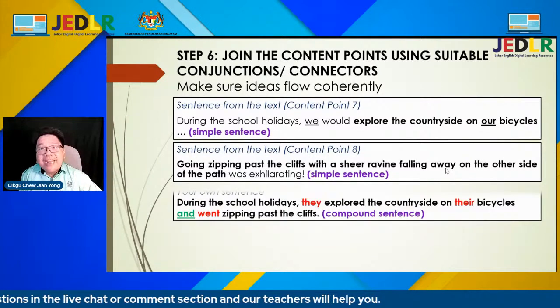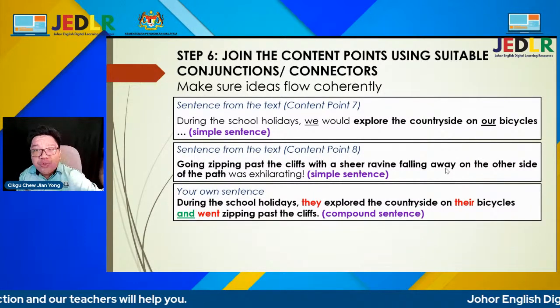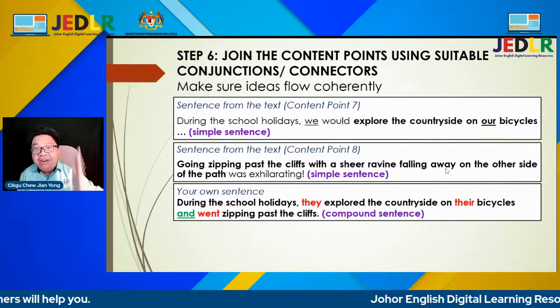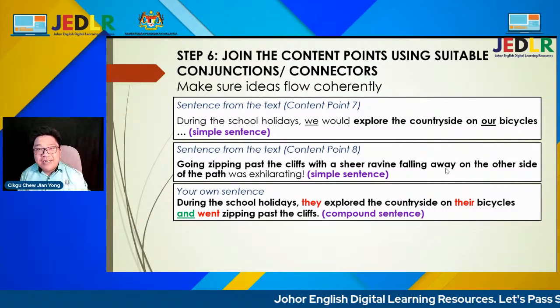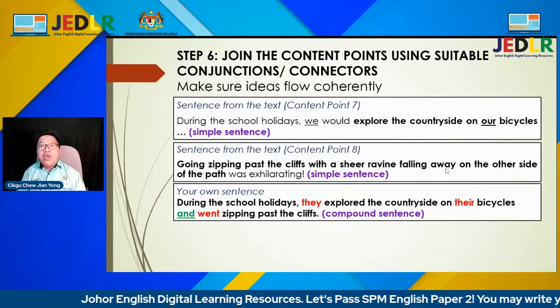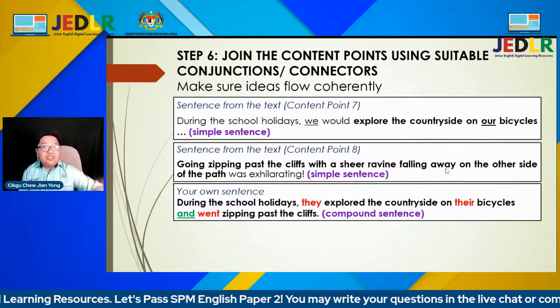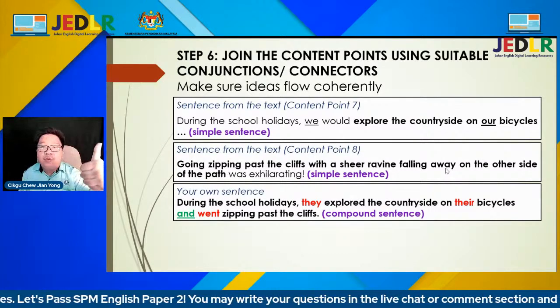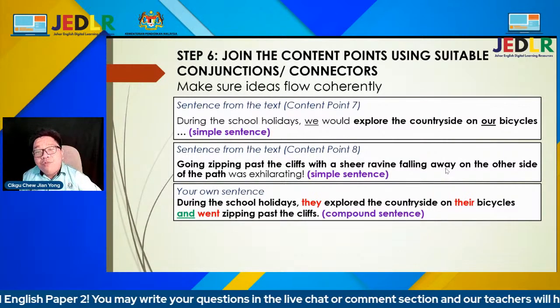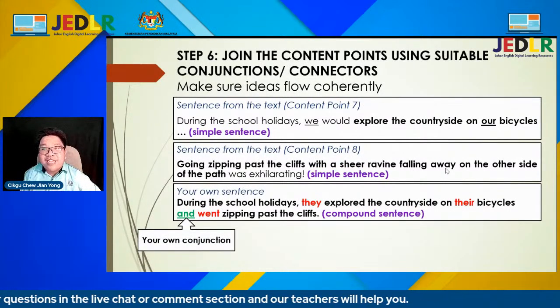You can use and again, like this. During the school holidays, remember to change we today, they explored the countryside on their bicycles and when zipping past the cliffs. So you have, again, made your own compound sentence, which is a good way, okay, of improving your marks for language. So N is, again, your own conjunction.